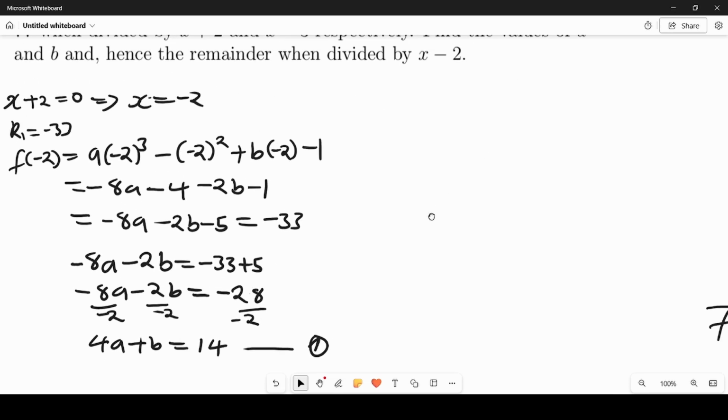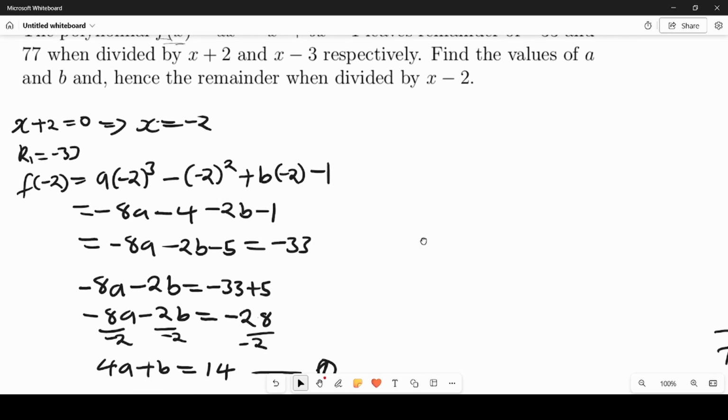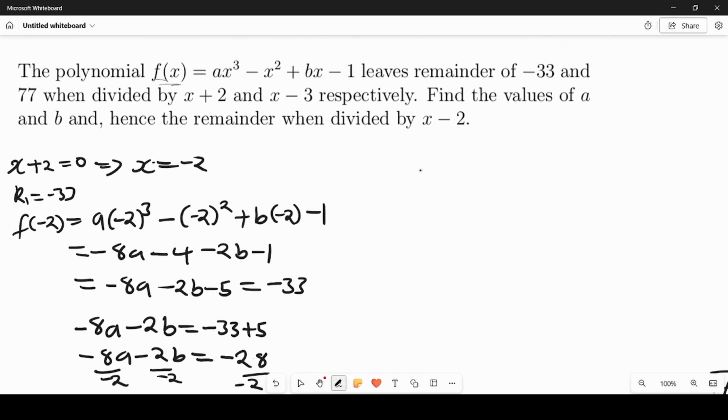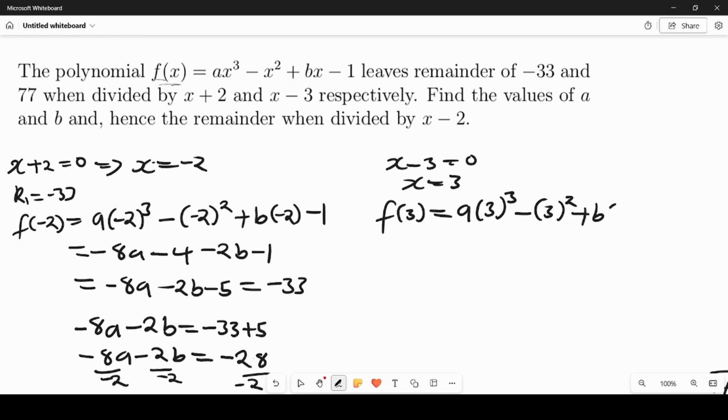Okay, in the same manner, let's find the second remainder when you divide by x minus 3. So let it be equal to 0, so that your x will be equal to 3, then you're going to find f of 3. So we have a times 3 cubed minus 3 squared plus b times 3 minus 1.